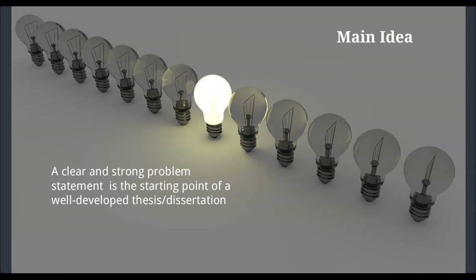And it's the same when you choose the theories. You have to go back to the problem statement and say, is this theory interesting for this problem, for this study? Is it really worth it to read about it and think about it? And when you present your findings, you have to go back to see if you have missed something. Okay? So this is the main idea of today.